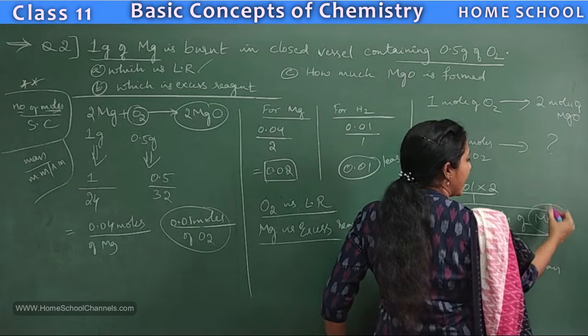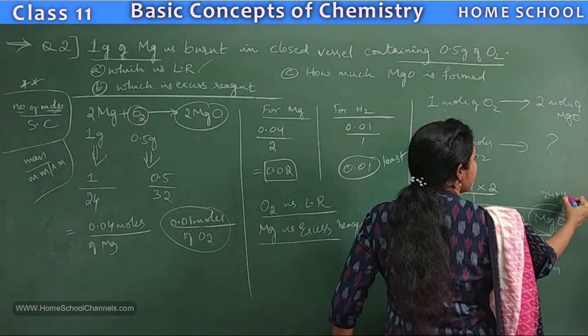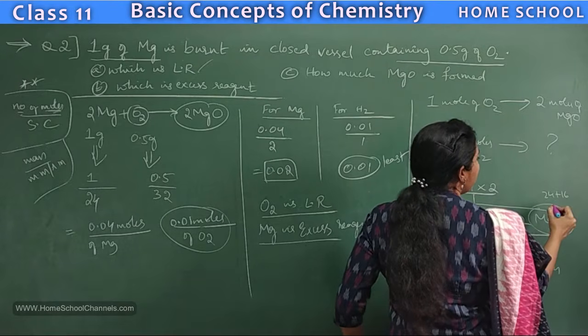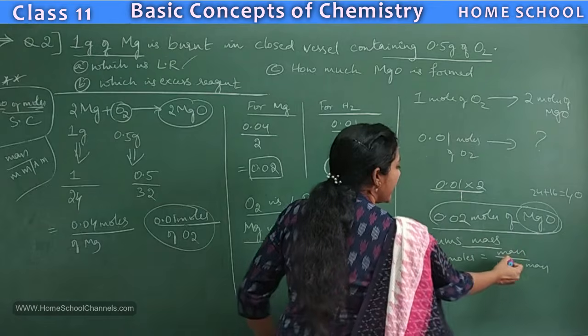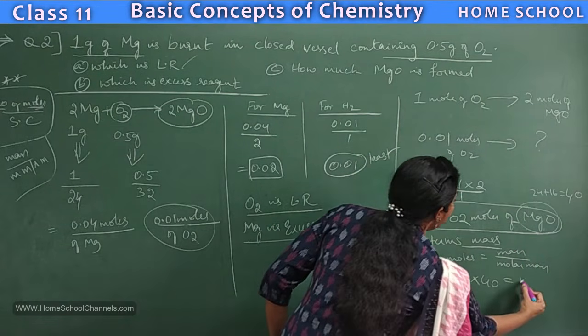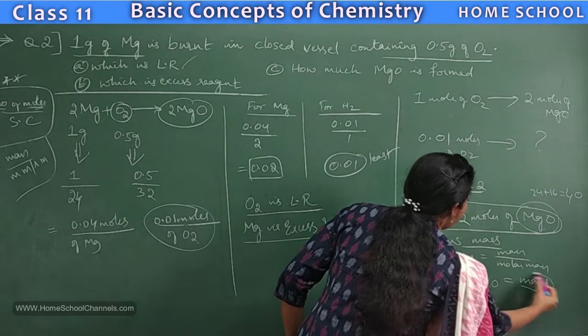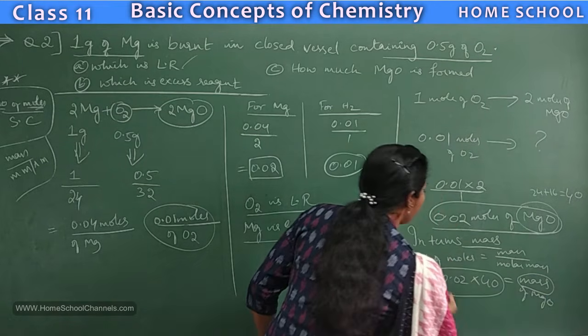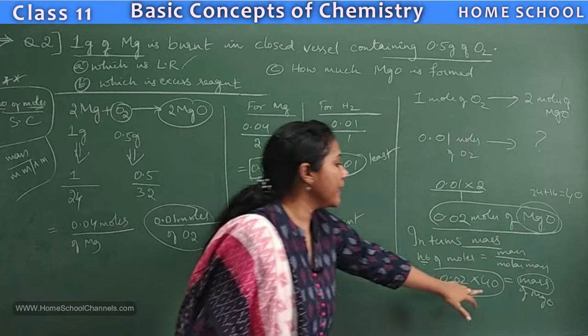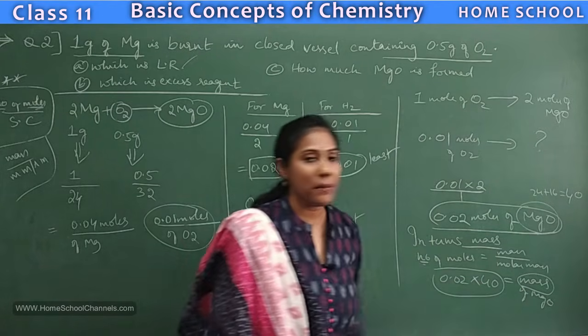Mg is 24 plus 16, so 24 plus 16 is how much? It will be 40. So 40 is the molar mass. If you multiply by 40, you will get the mass of MgO. So 0.02 into 40 gives your answer in terms of mass.